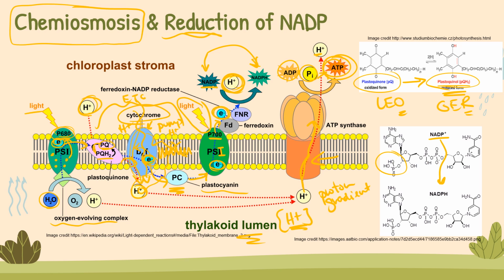Sometimes we simply call it reduced NADP, NADPH, same thing as reduced NAD. NADPH, reduced NADP, is going to be used along with that ATP in the light independent reactions that we'll talk about in a couple slides.